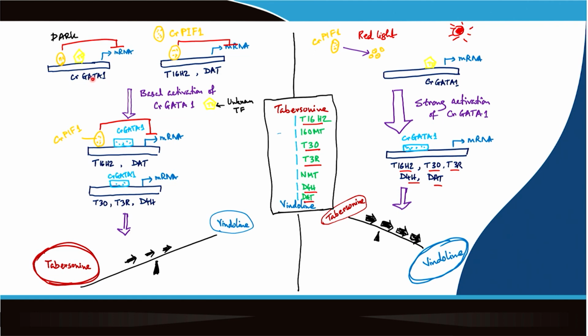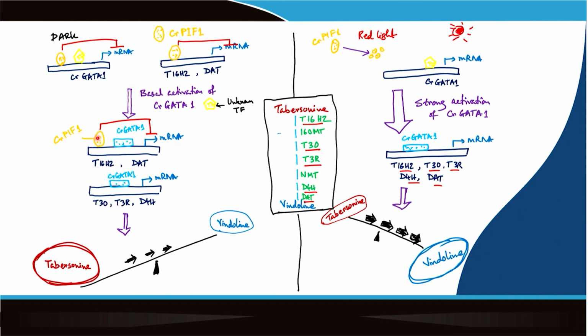Repression of this CrGATA1 also results in the downregulation of the Vindolin pathway. Okay. So, when this is repressed, the Vindolin pathway is downregulated, and therefore, we see that more tabersonine is accumulated, but Vindolin is less. So, the repression of this CrGATA1 leads to downregulation of the Vindolin pathway genes like T16H2, DAT.